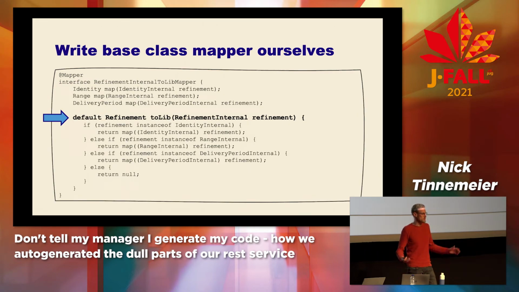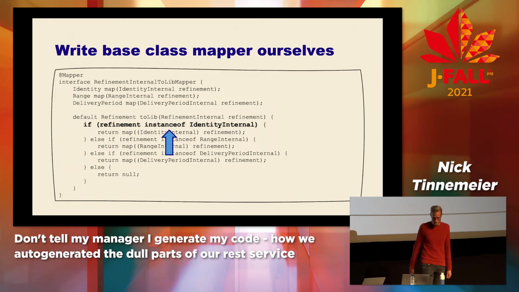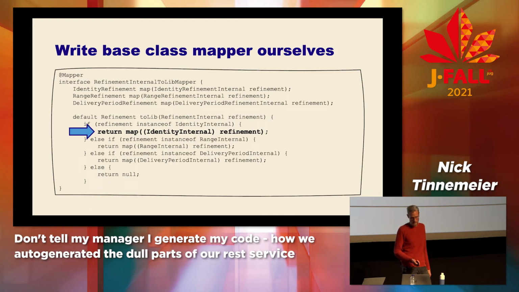And then we're just left with writing the base class mapper ourselves, which boils down to doing an instance of check. In this case, we're checking if it's an identity refinement, and if it is, we just call the method that's being generated by MapStruct. So just a little bit of boilerplate code.